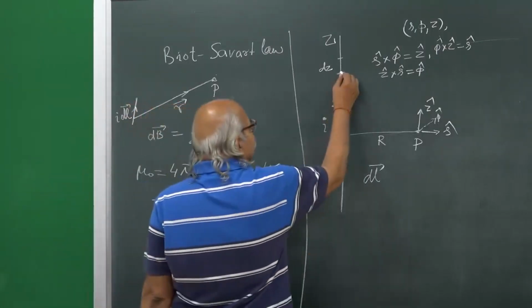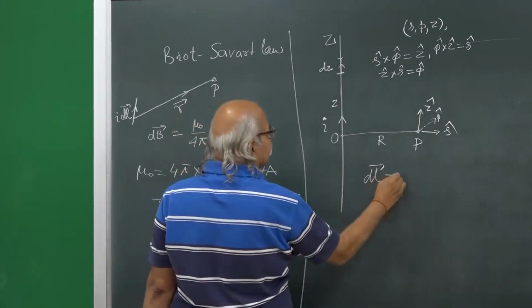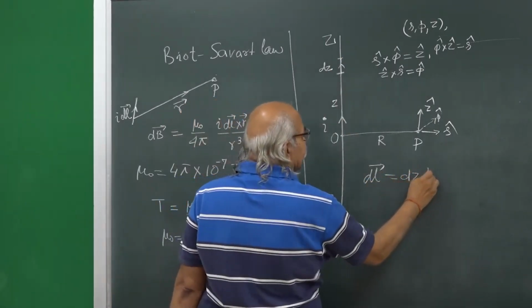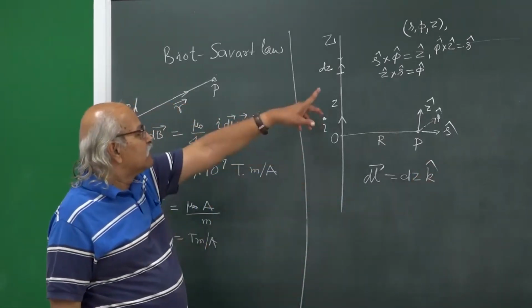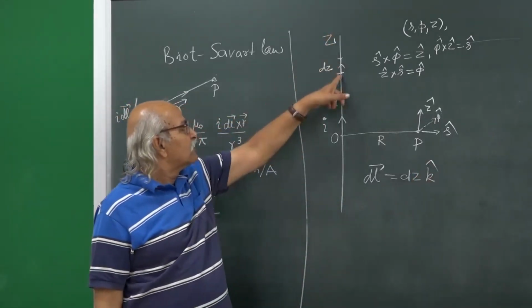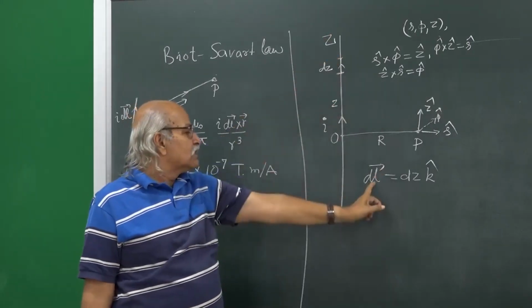So this is our dz, and this will be our dl. So dl will be dz k cap. In the z direction, the unit vector is written as z cap, and it is also written as k cap. So this dl is this.